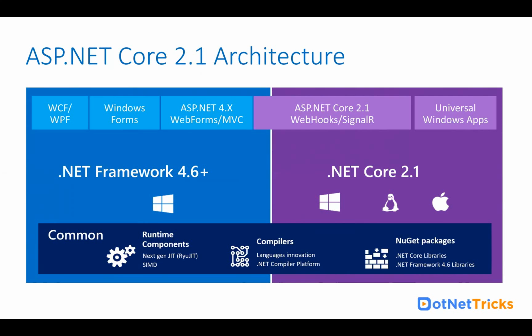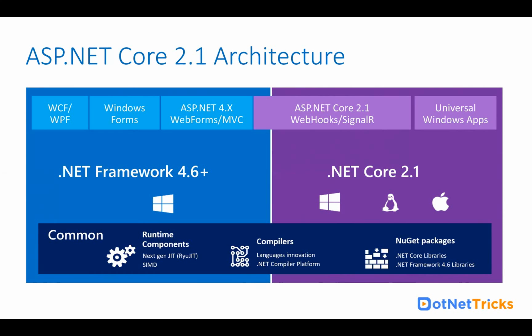The WebHooks and SignalR were introduced with .NET Core 2.1 itself. In .NET Core 1.0, 1.1, and 2.0, we don't have support for WebHooks and SignalR. These supports are added in 2.1.